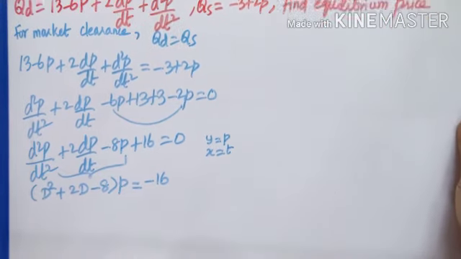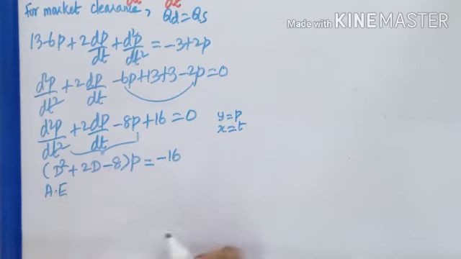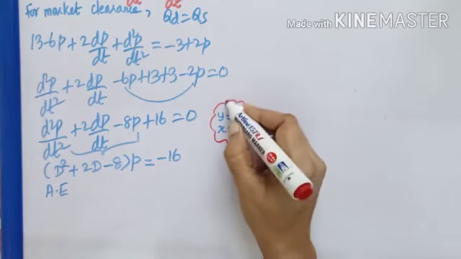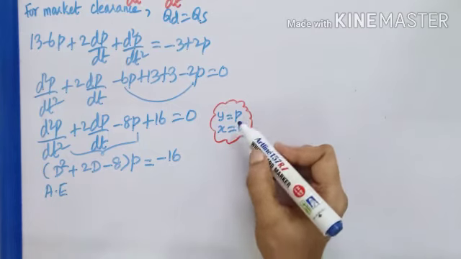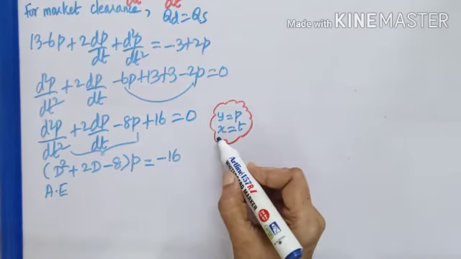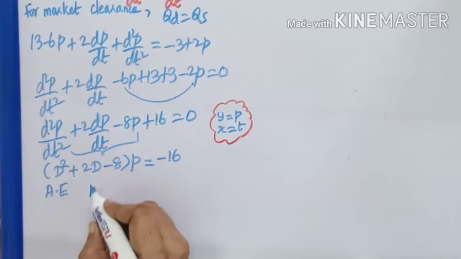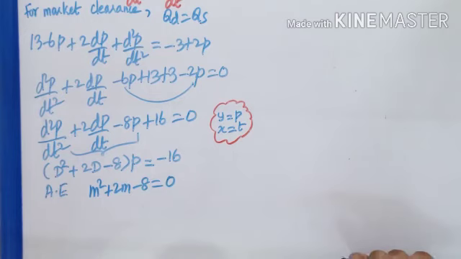Now we write the auxiliary equation. Remember, this is an important idea in every step. Wherever y comes in our usual problems, now I must put p, and wherever x comes in our usual problems, I put t. The auxiliary equation is m² + 2m − 8 = 0.